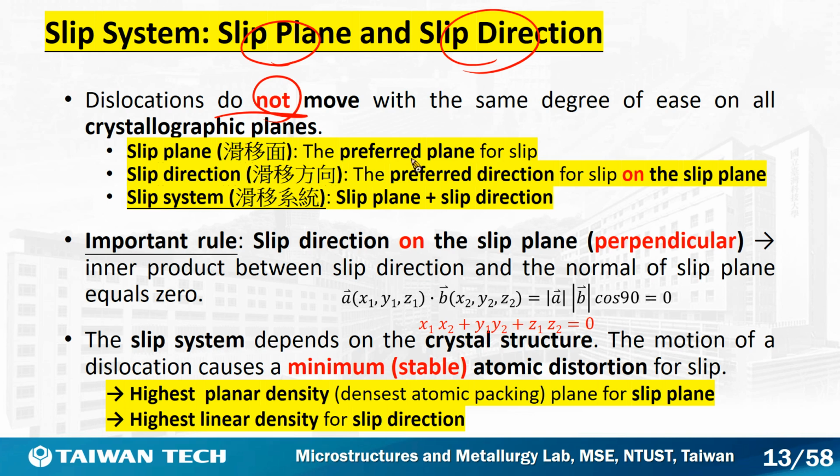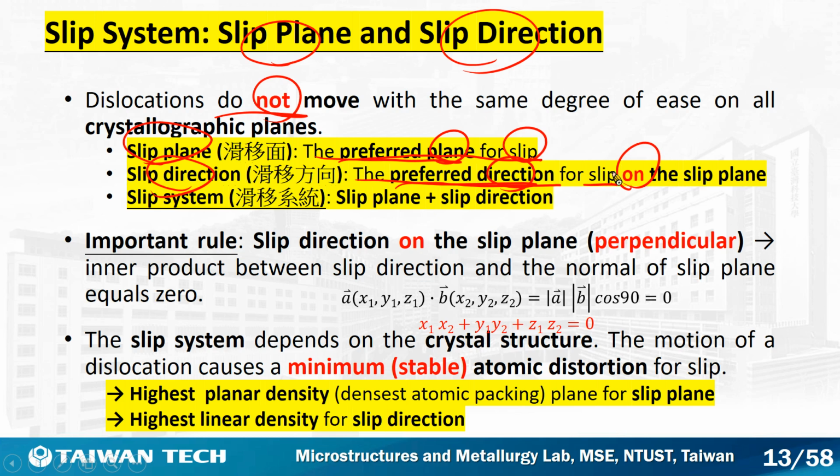It indicates that dislocations will have a preferred plane and preferred direction for slip. Okay, so that's the concept for slip plane and slip directions, which are the preferred plane for slip and the preferred direction for slip. And we also know that the slip directions must be on the slip plane.